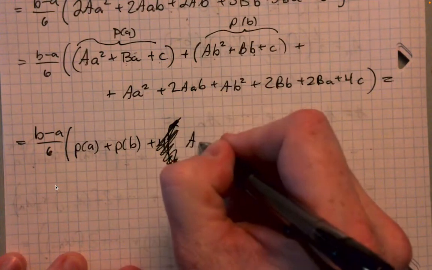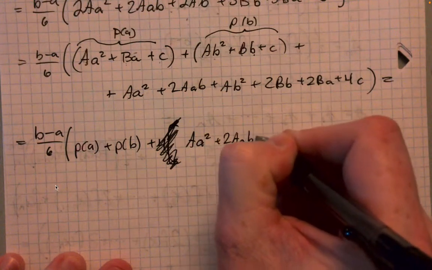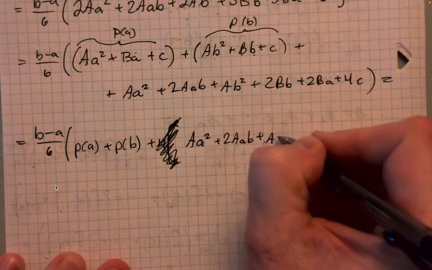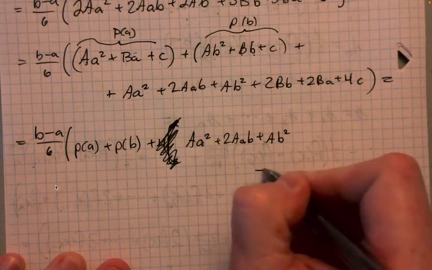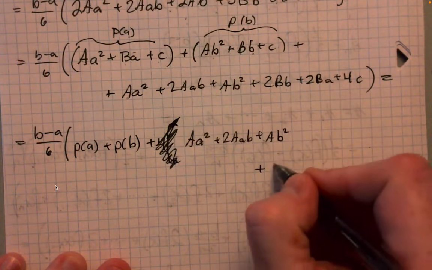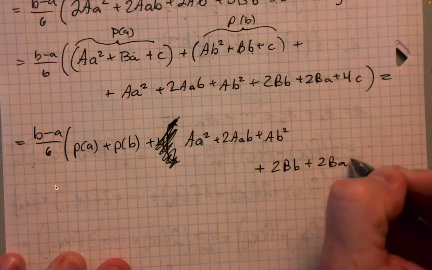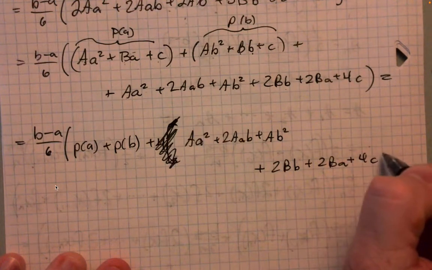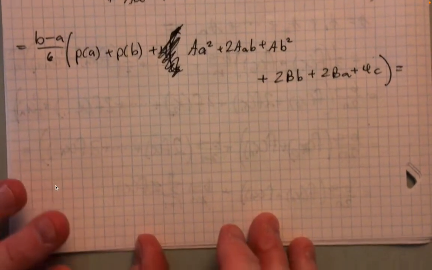So I have A times little a squared plus 2A little a little b plus A times B squared. So there's that piece. And then let's gather up all the big B's and the C here. I've got 2B little b plus 2B little a plus 4C. So just shuffling a lot of things around here.